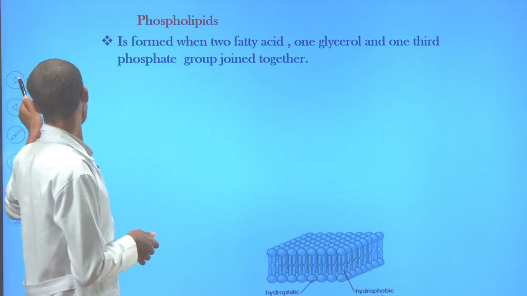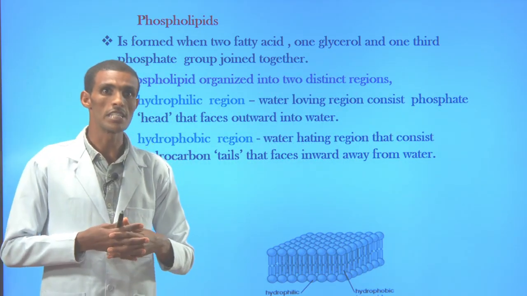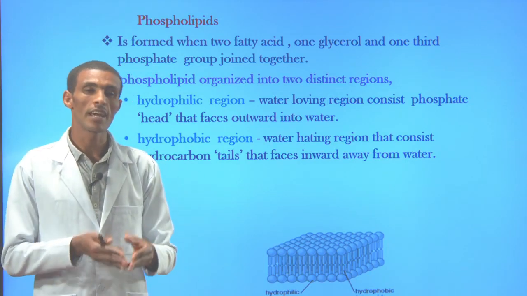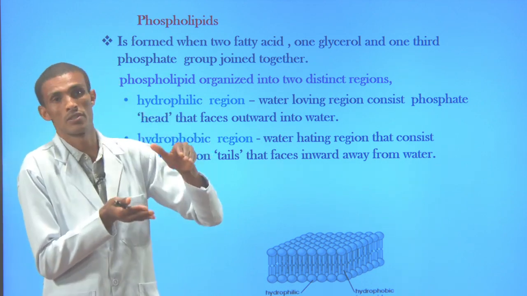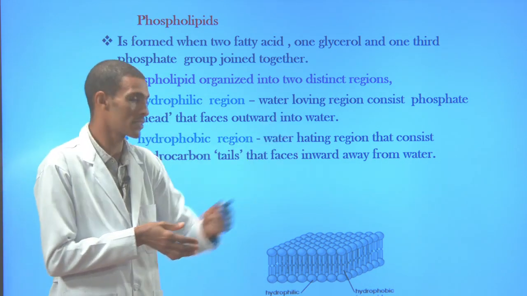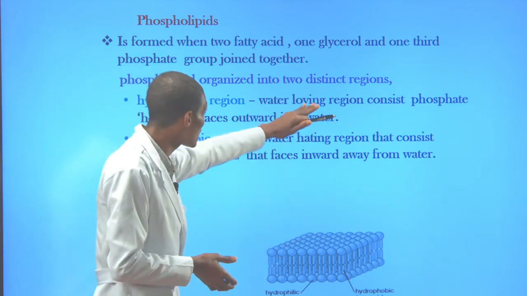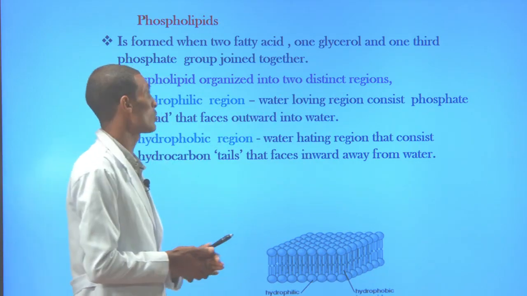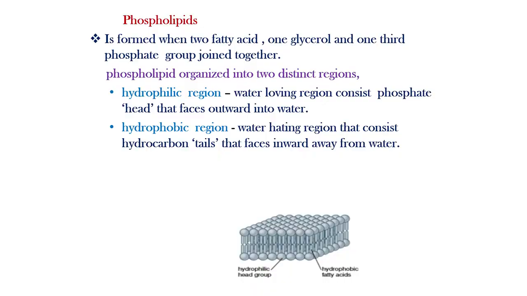Phospholipid is organized into 2 distinct regions. The one region is the hydrophilic region. It is the water-loving head region, which contains the phosphate part. It is the head section of a phospholipid, considered water-loving. The other is the hydrophobic region.